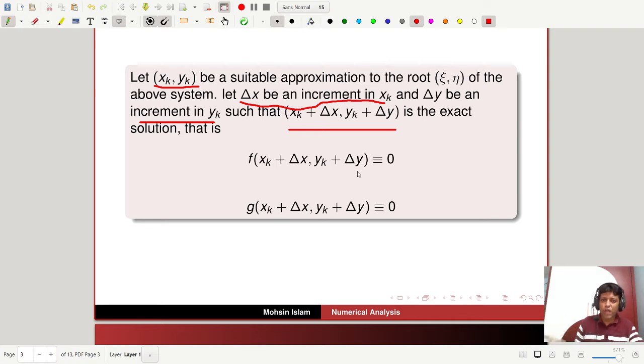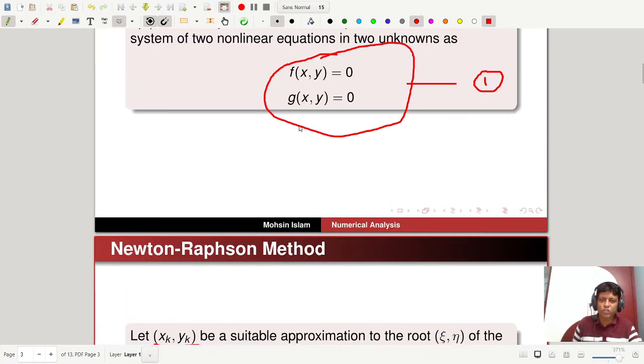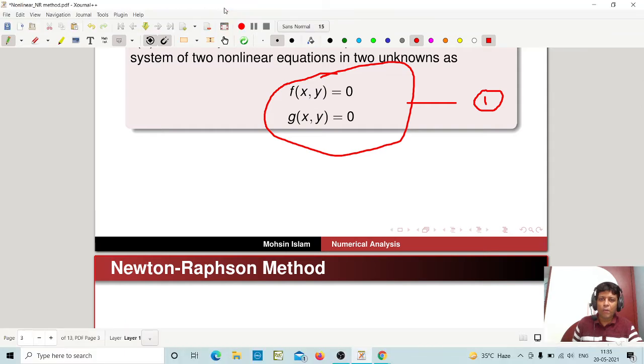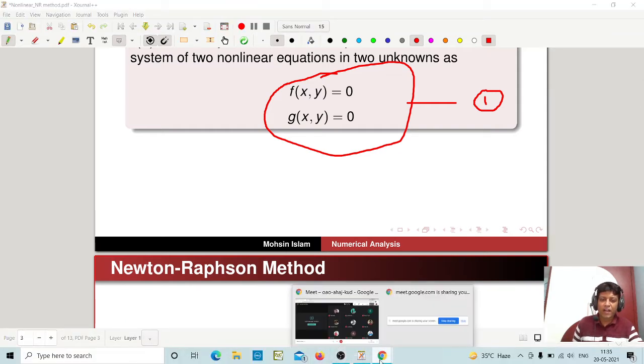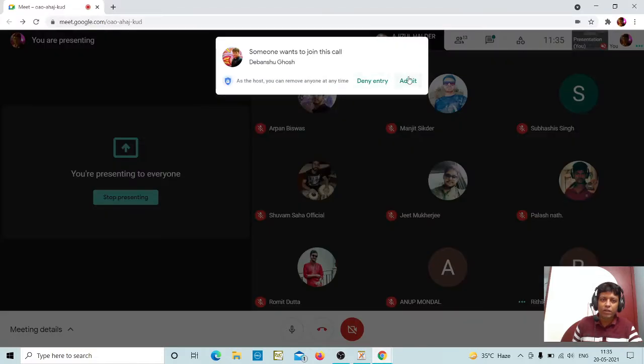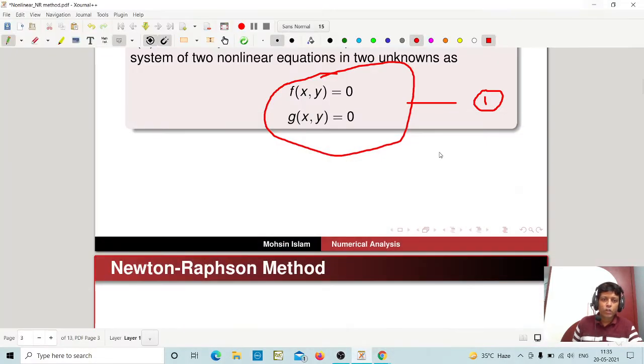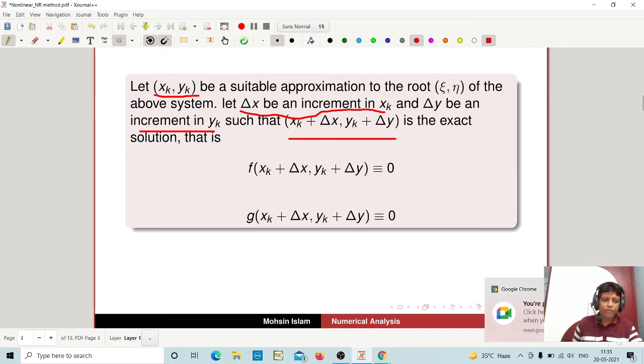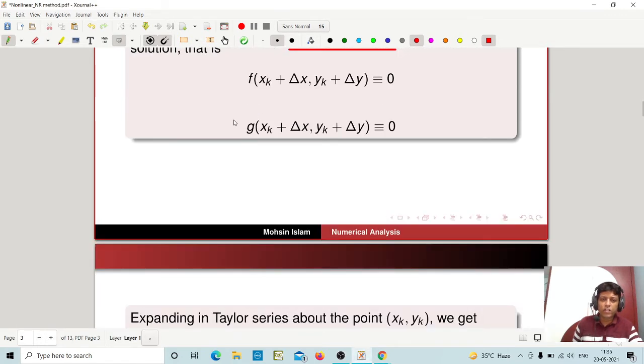Similarly, we are replacing x and y in g(x, y) by xk + delta x and yk + delta y, and this is equivalent to 0.